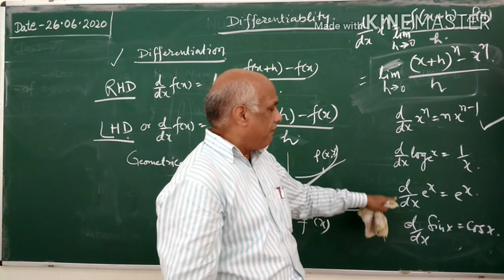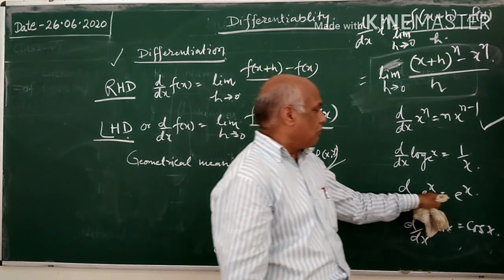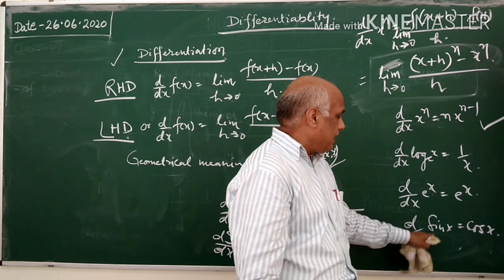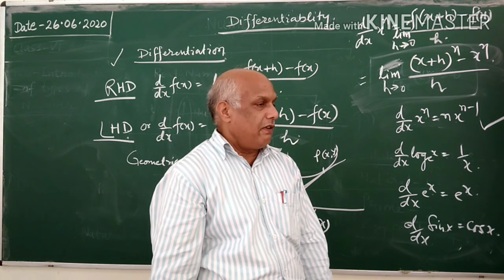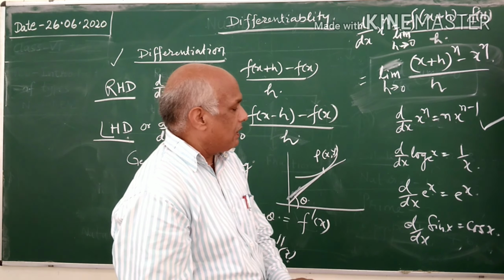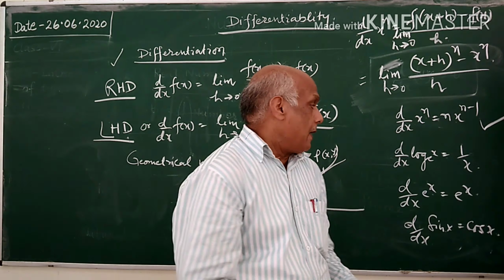In a similar way, differentiation of the exponential function e to the power x is equal to e to the power x. Differentiation dy dx of sin x is equal to cos x. In a similar way, we have found out the differentiation of many trigonometric functions: cos x, tan x, sec x, and cosec x.